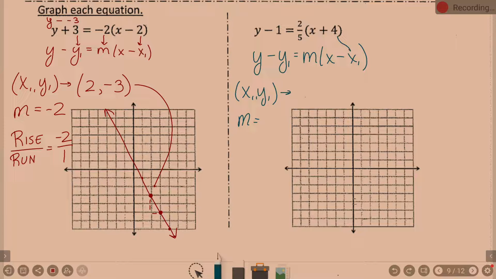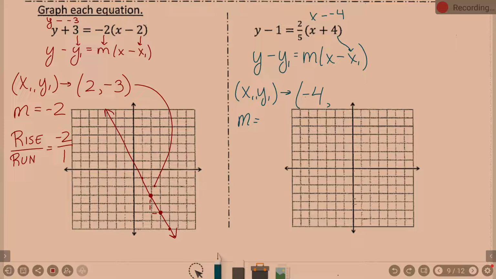Okay. X. Although technically X is not going to be 4, it's going to be -4. Remember using the opposite sign? Because really when we say X plus 4, this is X minus -4.